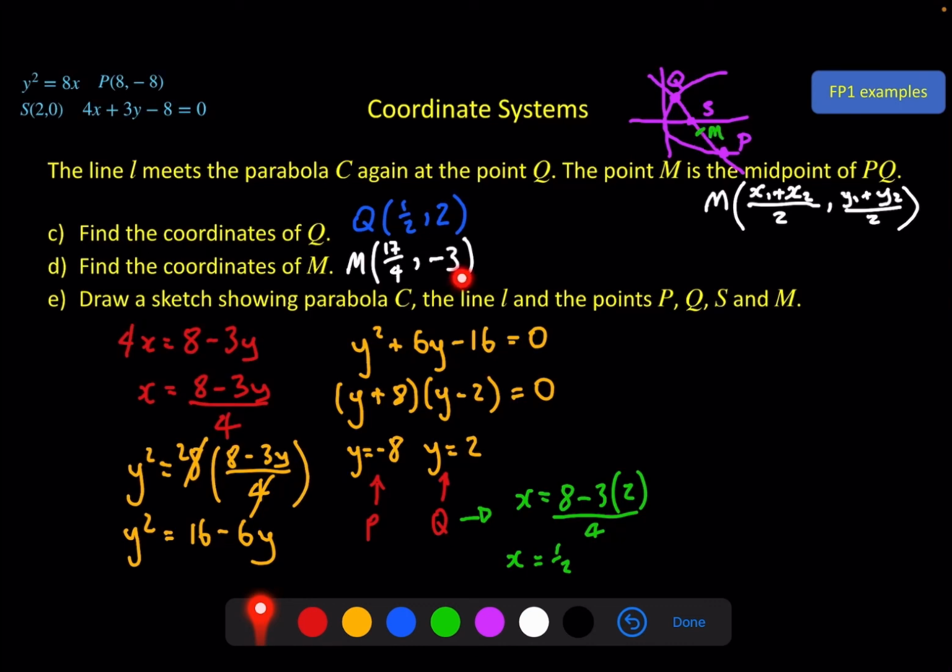The y coordinate is a minus 3, so it's definitely below the x-axis. And I think that's just about it. We found Q, we found M, and as part of my process of doing that, I've already done E, sketched it here, indicating the points and the line and the parabola, although my line is not very straight.